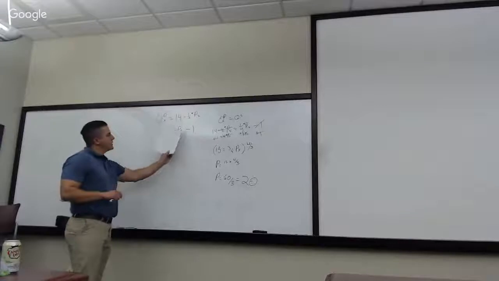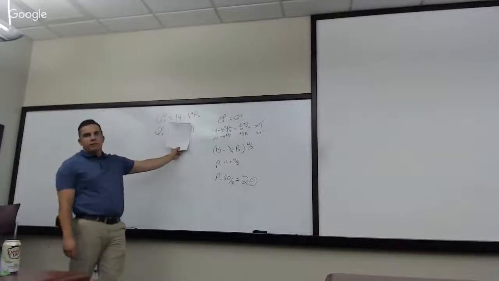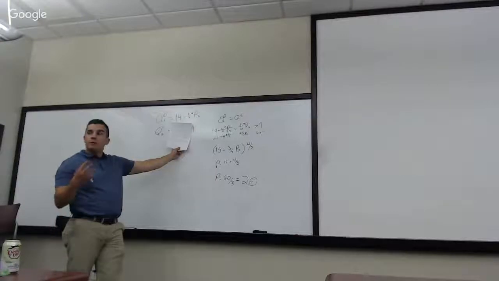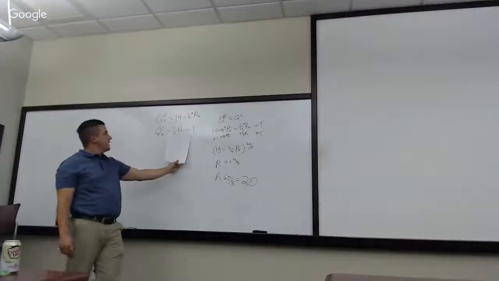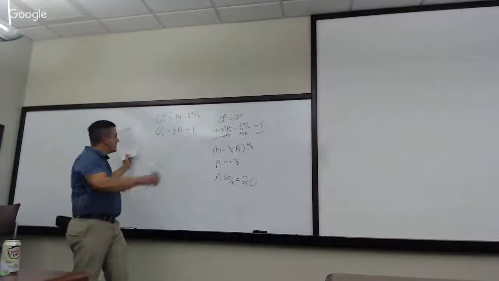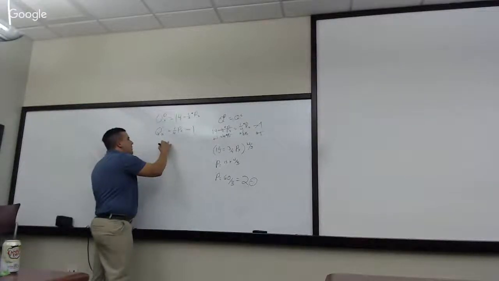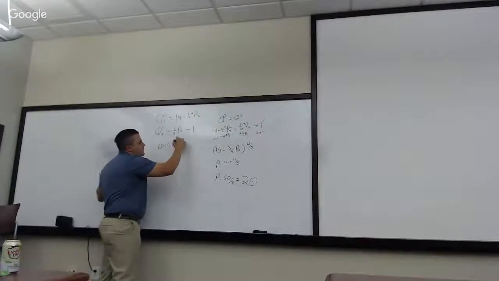We should get the same answer. 20 times 1/2 is going to be 10. 14 minus 10 is going to be 4, so our quantity is 4. And here, 20 times 1/4 is going to be 5, and 5 minus 1 is going to be 4. So both of these work out. So our equilibrium quantity is equal to 4, and our equilibrium price is equal to 20.